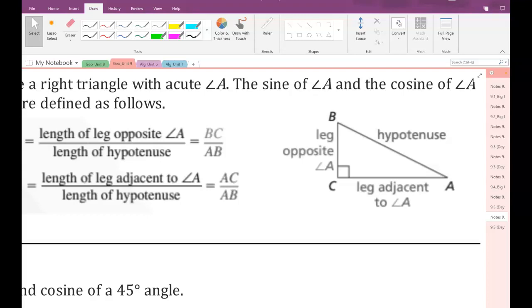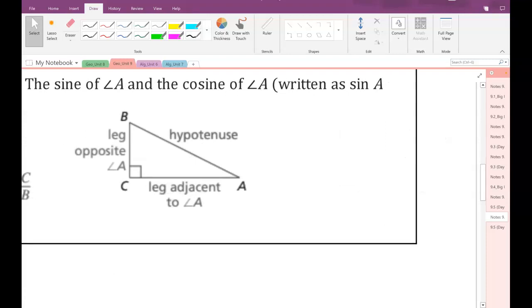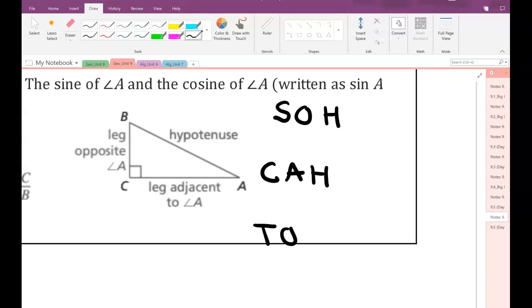Kind of the mnemonic device that a lot of people use for your trig ratios is SOH-CAH-TOA, where the S stands for sine, and sine is the opposite over the hypotenuse.